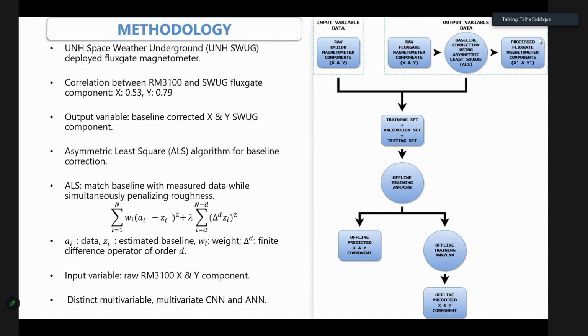For the baseline correction of the SWAG fluxgate magnetometers, they used ALS, the asymmetric least squares algorithm. In terms of the machine learning model, we used two models: first, a multivariate CNN, and the second one is a multivariate ANN.